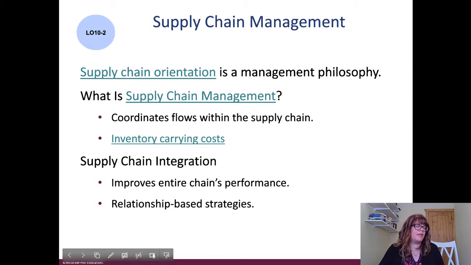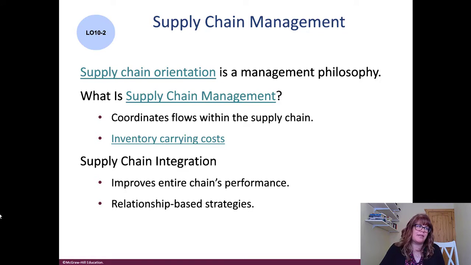A company with a supply chain orientation is willing to help coordinate supply chain activities that add value to the end customer. A supply chain orientation is necessary to be successful at supply chain management. Supply chain management refers to the actions the firm takes to coordinate the various flows within a supply chain.